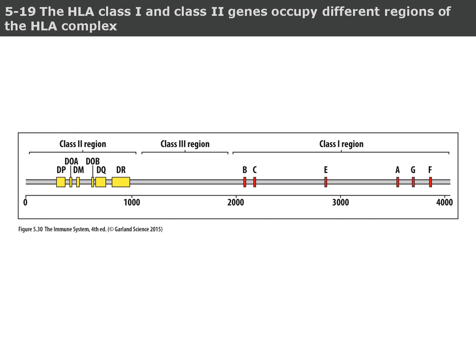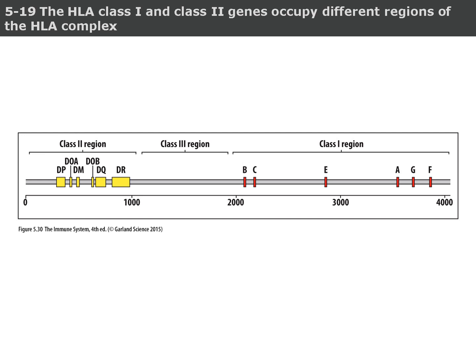This slide illustrates the genomic organization of the human leukocyte antigen, or HLA, complex on chromosome 6. The HLA complex is divided into three main regions: Class II, Class III, and Class I. On the left, the Class II region contains genes such as DP, DQ, DR, and the regulatory genes DO and DM.